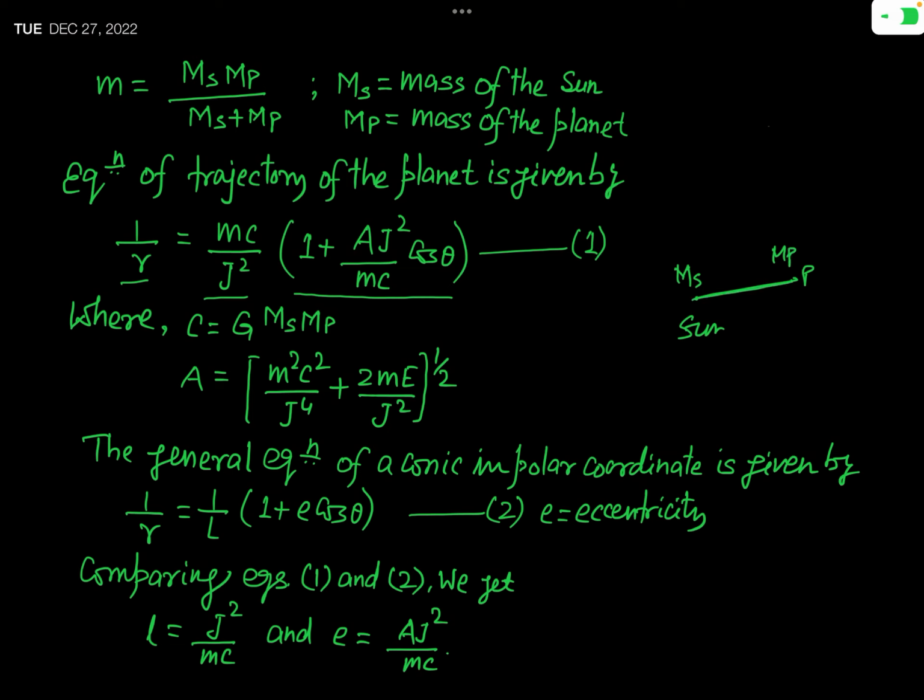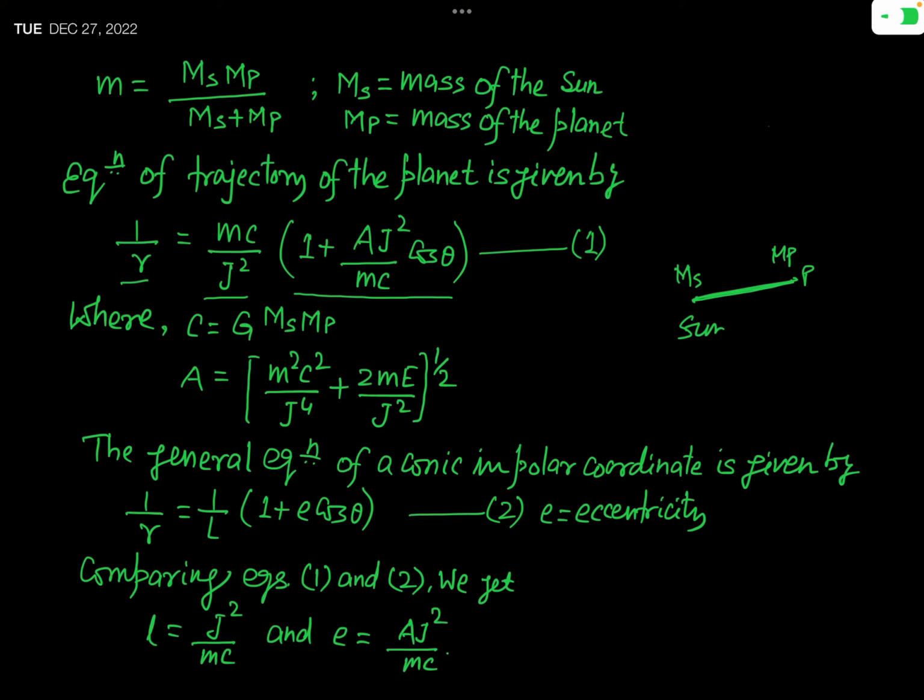And in the previous lecture we have seen that we can reduce the two body problem in a one body problem by taking the concept of reduced mass. So definitely since it is a two body problem because there is an interaction between sun and planet, we must write the reduced mass of the system in any equation.